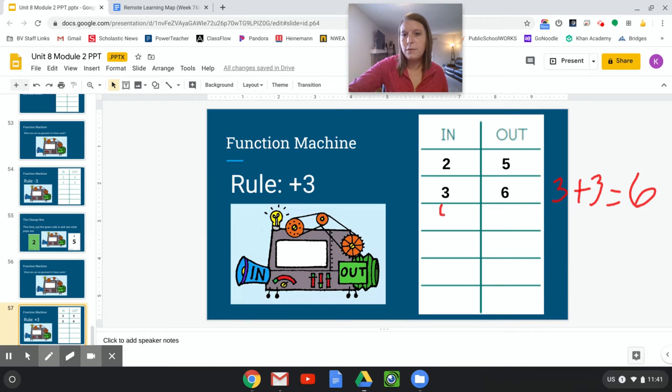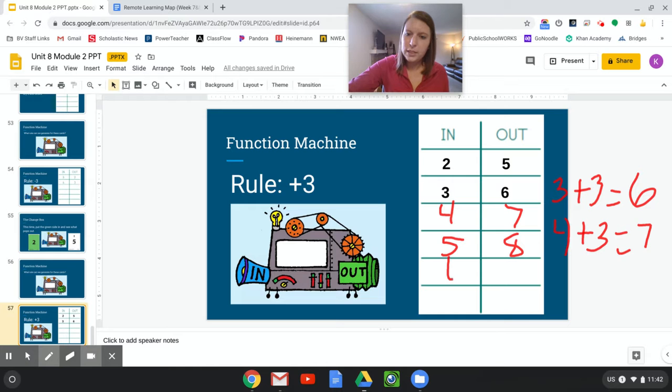If we put in a 4 and the function machine is plus 3, 4 plus 3, what number would come out? 7. Okay, if we put a 5 in the machine and the rule is add 3, what number would come out? 8. 5 plus 3 equals 8.